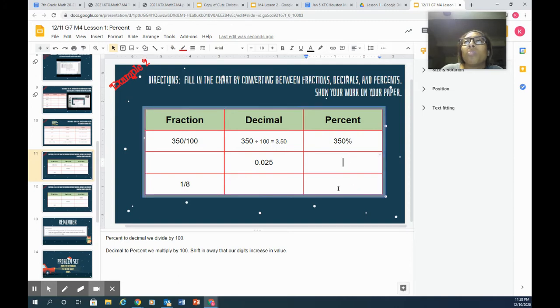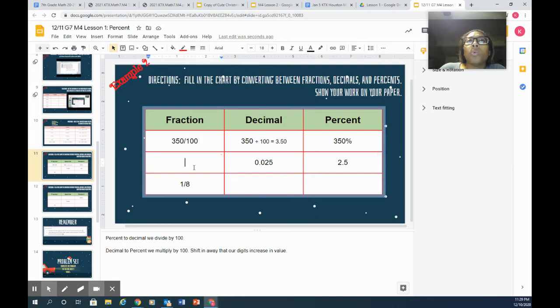And since we're multiplying by 100, our digits are shifting 2 times to the left. So what is starting out as 0.25, where our decimal is all the way to the far left, now our digits are shifting not once, but twice, which allows our decimal point to go between the 2 and the 5. So we end up with 2.5, or 2 and 5 tenths, and we can leave off this 0 that's in the front now.